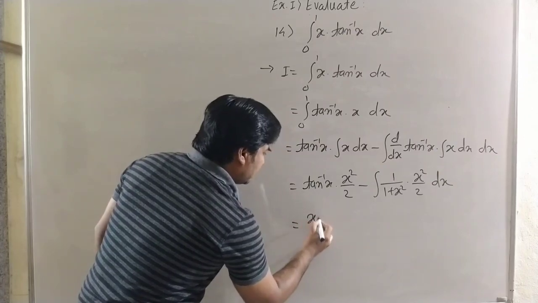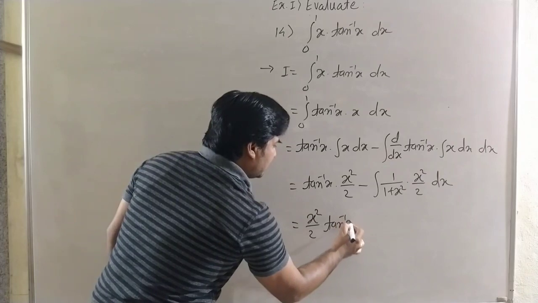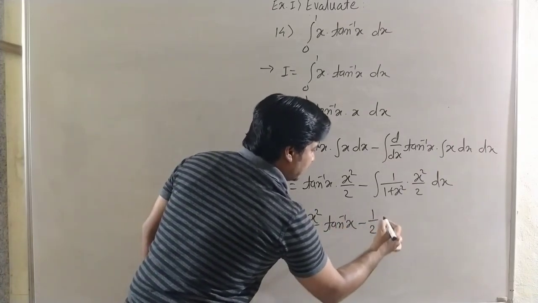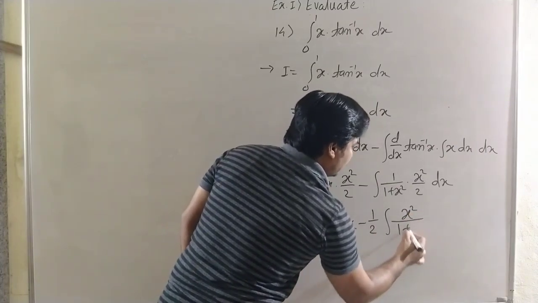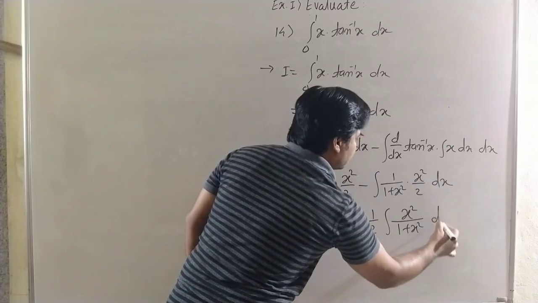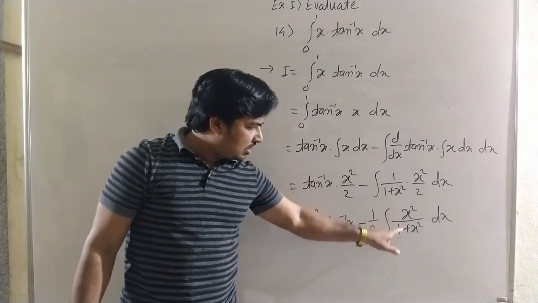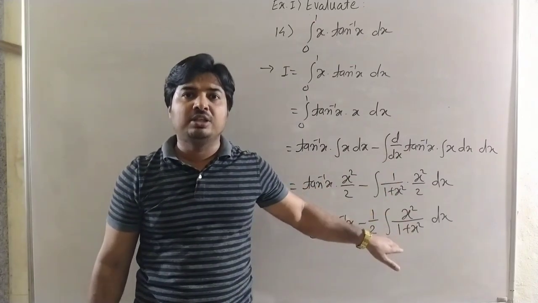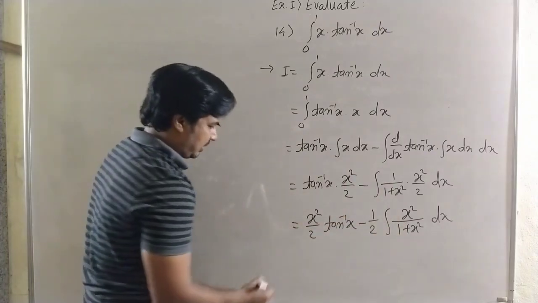Then it is x square by 2 tan inverse x minus this 1 by 2, we can take outside the integral, and into here x square upon 1 plus x square dx. Now again finding the integral of this term, here it is x square upon 1 plus x square, that means the degree of polynomial in numerator and degree of polynomial in denominator is same, so we adjust the denominator in the numerator.